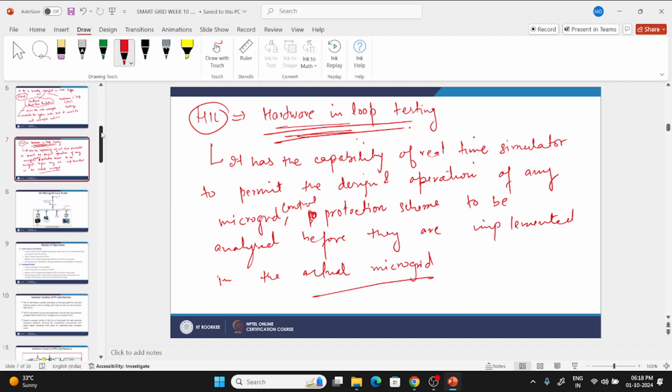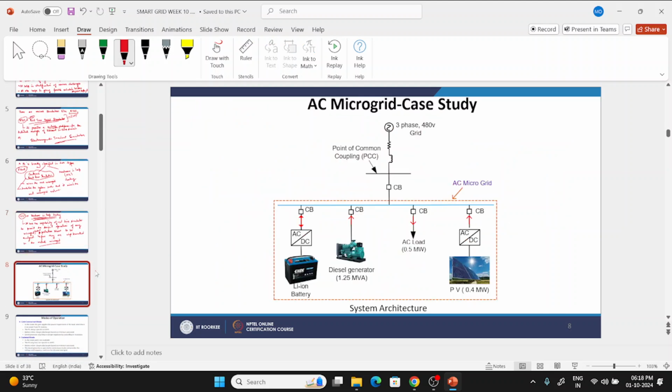So now we will see a microgrid, an AC microgrid study. Here there is a three-phase 480 volt grid. This is the supply. As you can see here, it is connected to the microgrid. So we can say this is a grid connected microgrid because the grid is connected to this.